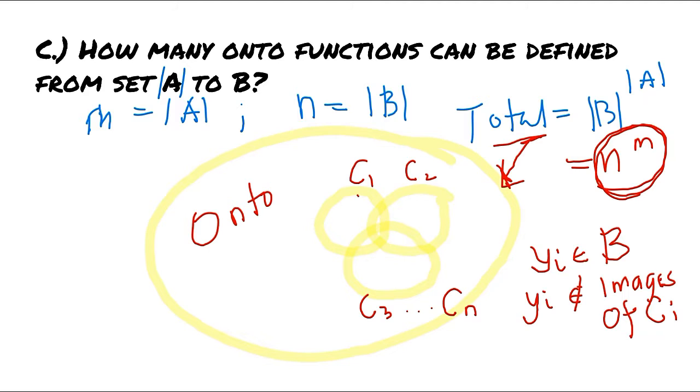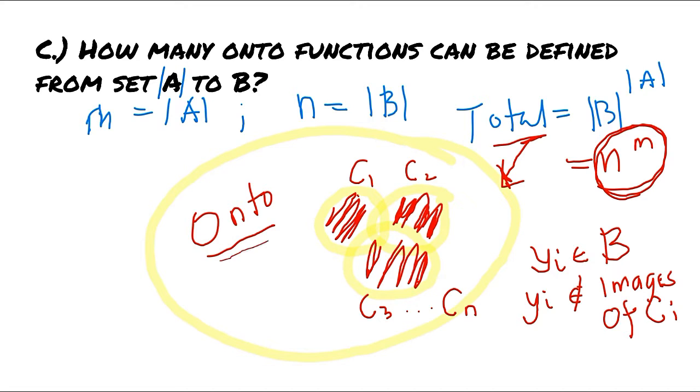So, for example, C sub 1 does not include y sub 1, C sub 2 does not include y sub 2, C sub 3 is the group of functions that does not include y sub 3, and so on. So basically the problem will be a matter of computing the union of the C sets, which don't satisfy the definition of onto functions, and subtracting them from the total to derive the number of onto functions.